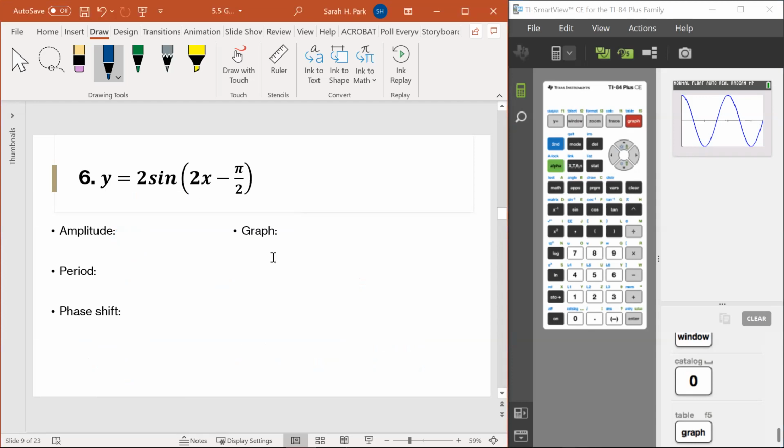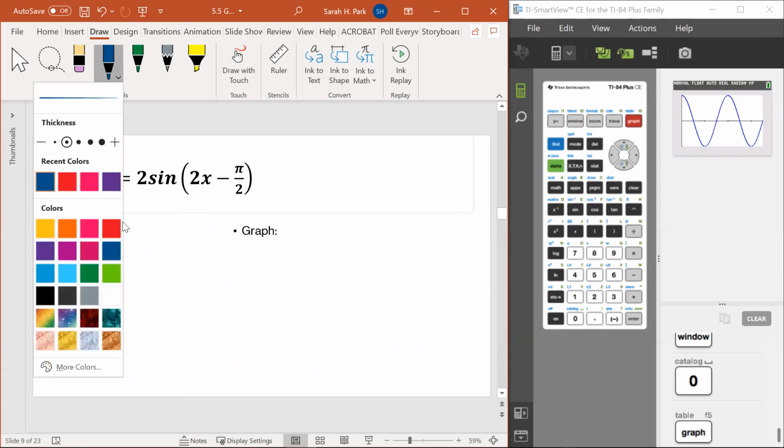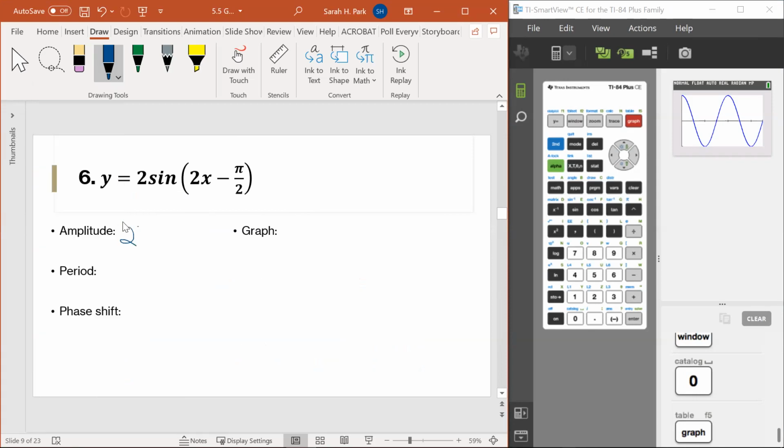You have y equals 2 sine of 2x minus pi over 2. The amplitude is 2. Period is 2 pi over 2, or 2 pi over b. In this case, b is 2, and that becomes pi. Your phase shift is 2x minus pi over 2.